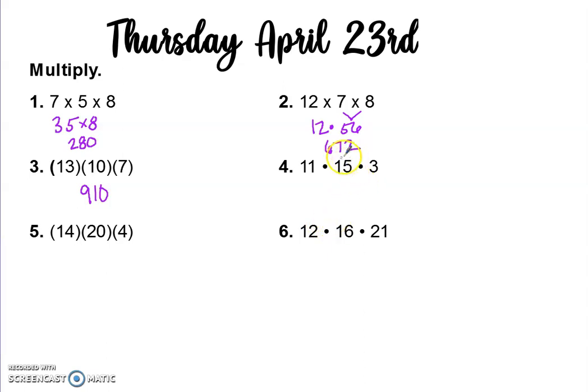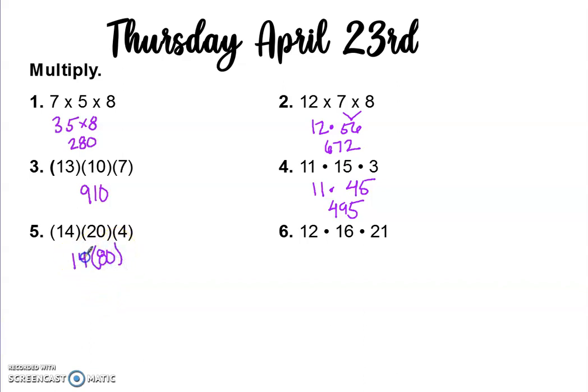Number 4, 3 15 minutes is 45 minutes. So 3 times 15 is 45. And 45 times 11 is 495. 20 times 4 is 80.